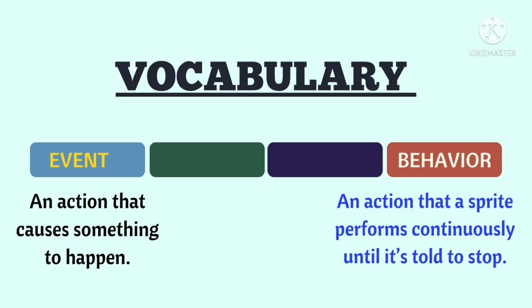And the second term is behavior. Behavior is an action that a sprite performs continuously until it is told to stop. I believe you know what a sprite is, right? The sprite is the character in your puzzle. So behavior is an action that a sprite performs continuously until it's told to stop.